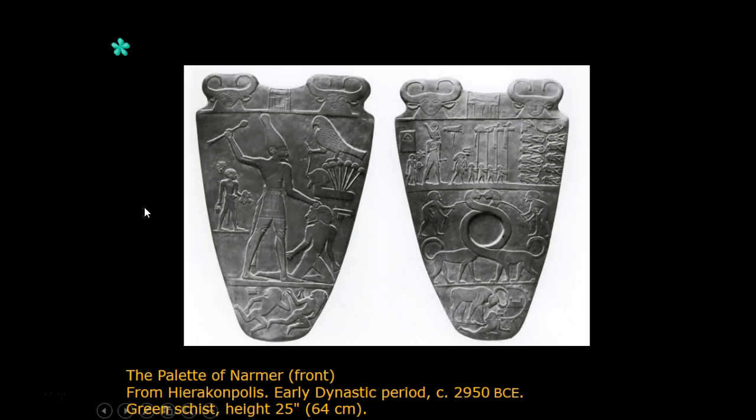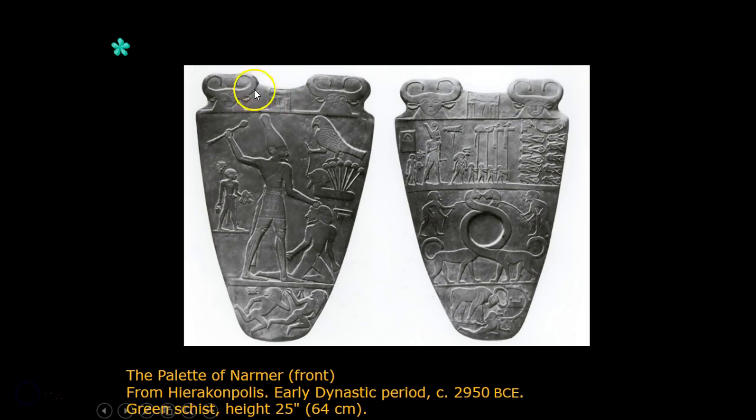Phonetic hieroglyphs centered at the top of each side of the palette name the king: a horizontal fish, and again, it's kind of hard to see these. I think I can zoom in. I'm afraid I'm going to mess it up.